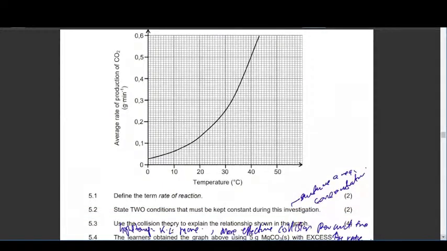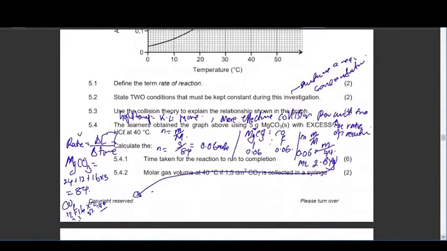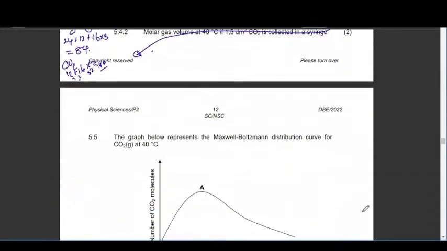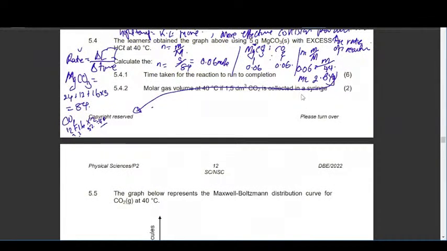So when you subtract, it is around 0.5. So the average rate based on this is going to be around 0.52, which is almost 0.5.